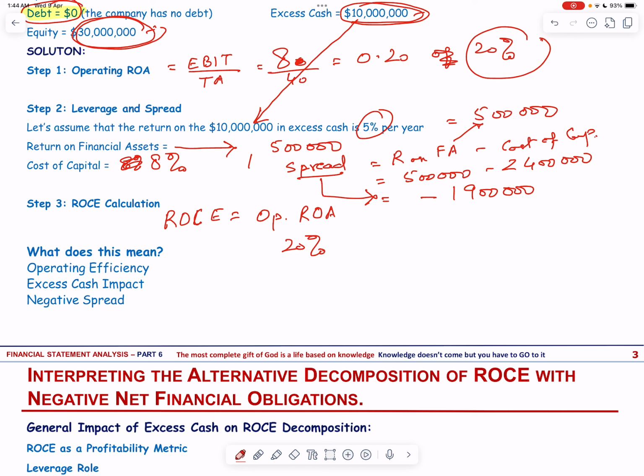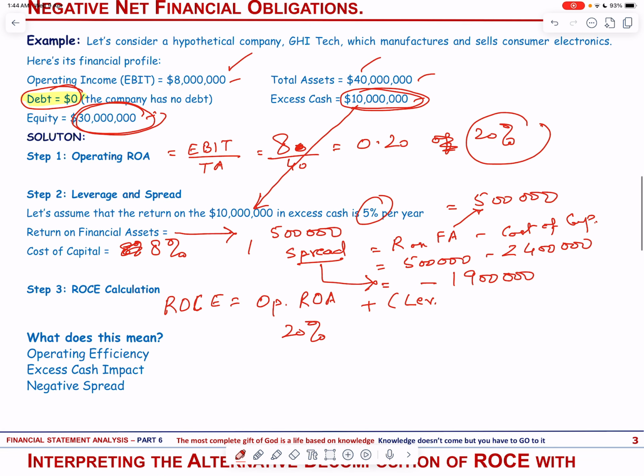And to this we are going to add the leverage, and the leverage is 0. The debt, you can already see, is 0, so the leverage is 0. And from this we are going to multiply the spread, and the spread we have already calculated, minus 1,900,000.